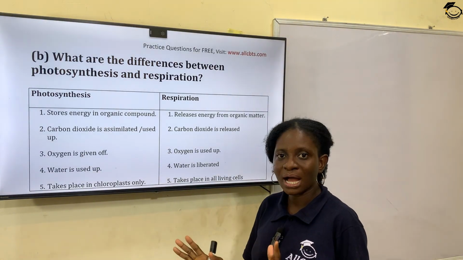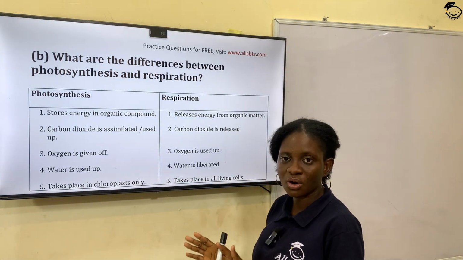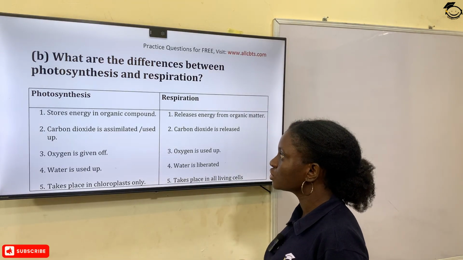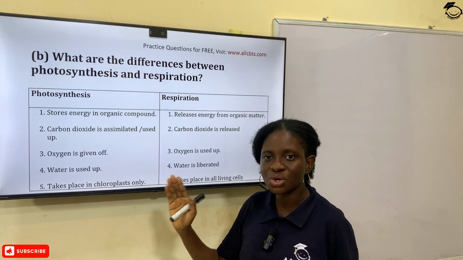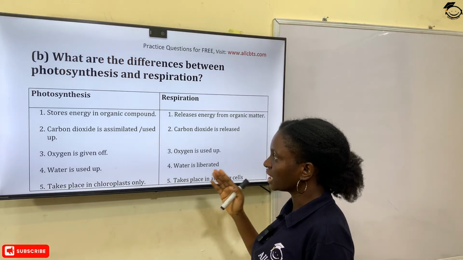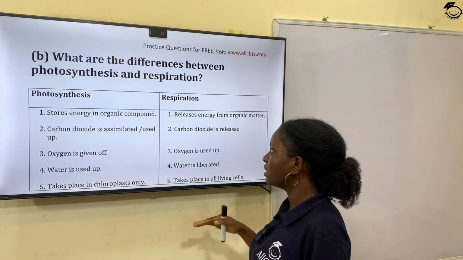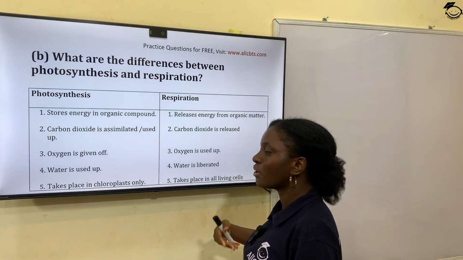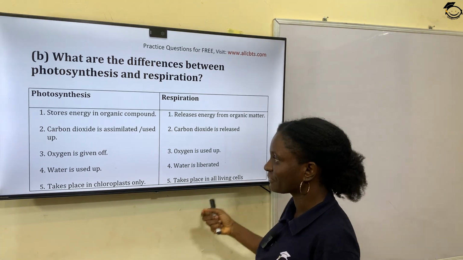The next question, 3B, what are the differences between photosynthesis and respiration? Once you know the definition of these two terms, you'll be able to differentiate correctly. So for photosynthesis, it stores energy in organic compounds. For respiration, it releases energy from organic matter.